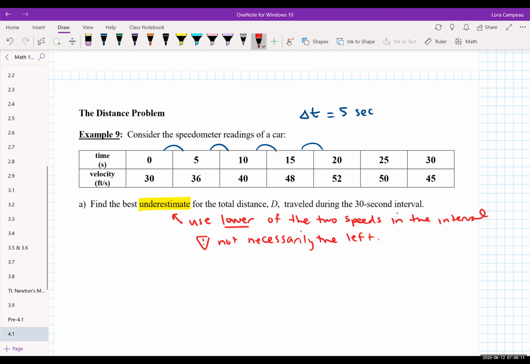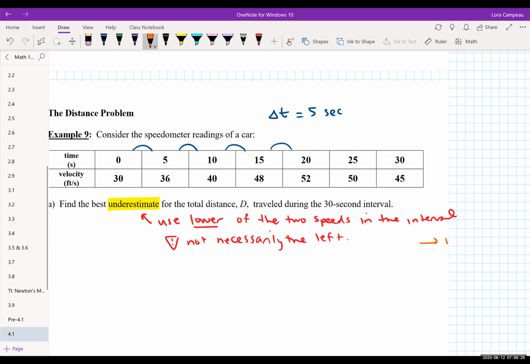And you're saying, wait a second, I thought we're talking about velocity, but we're looking at distance. Keep in mind, what we're trying to find is that rate times time equals distance. So just a quick sidebar: rate times time equals distance, right?